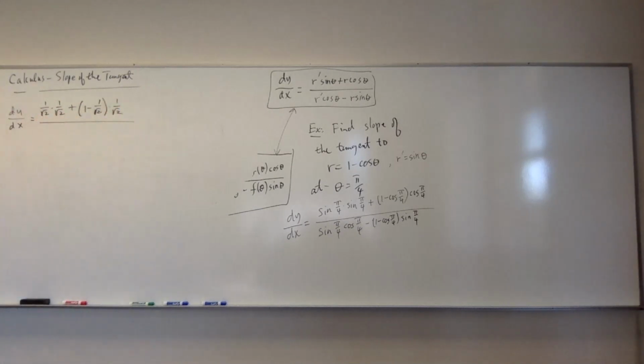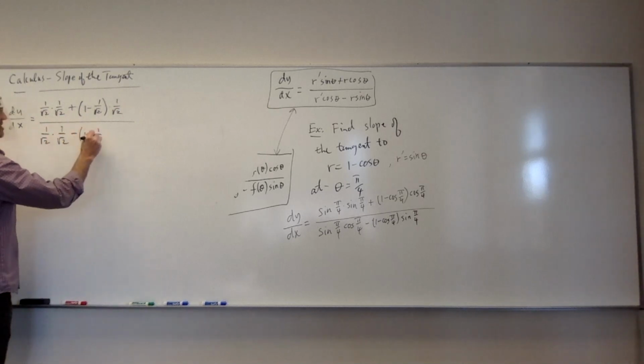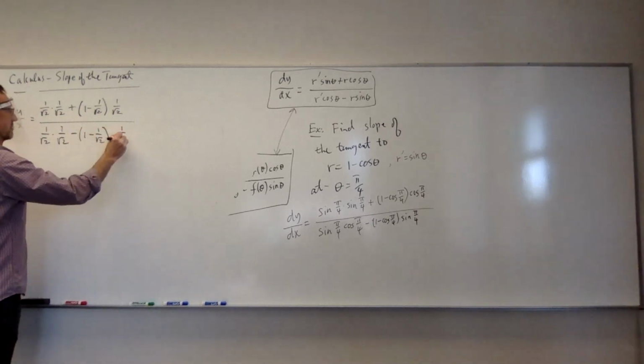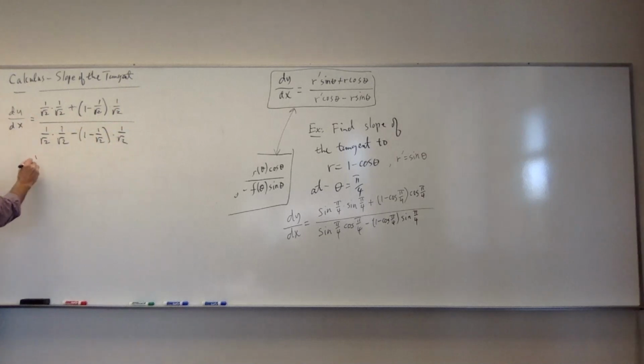Cosine and sine are equal. pi/4 is 45 degrees. Our legs have the same length. So I picked a nice point for us. And then down below, I get 1 over the square root of 2 times another. Cosine is the same. Then we're subtracting 1 minus 1 over the square root of 2 and multiplying by another 1 over the square root of 2.